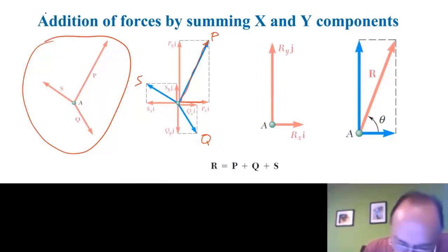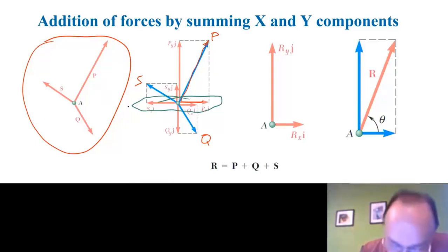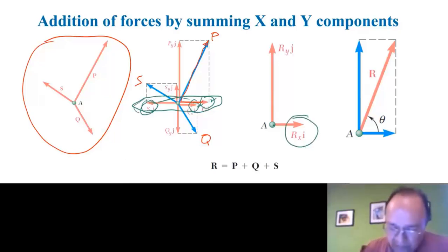Then you add these 3 in the x direction, and you have to be very careful about the signs, because these 2 are positive and this one is negative. So you get this number positive plus this number positive minus this number. The summation of these three forces will give you the resultant in the x direction. You do the same thing in the y direction.